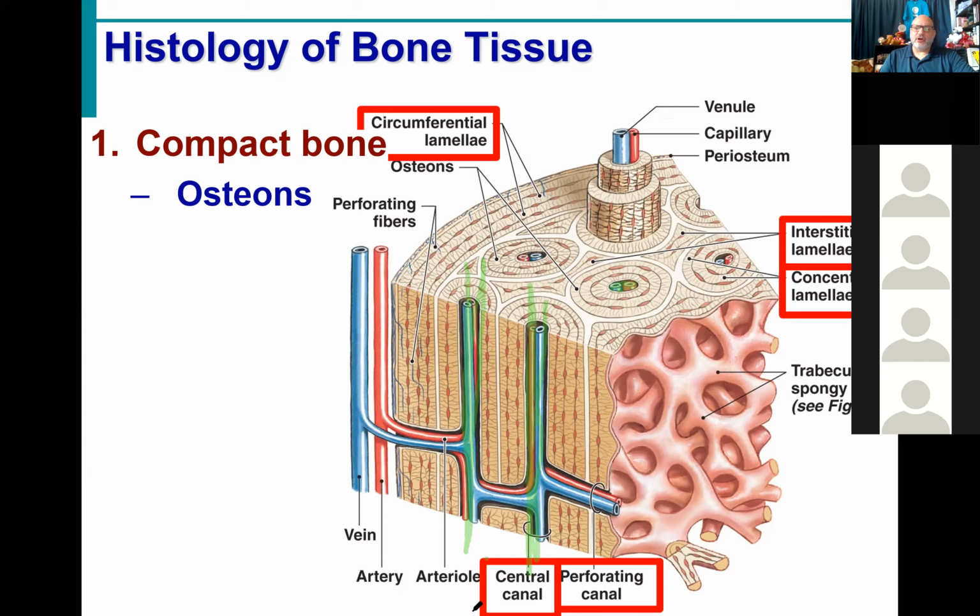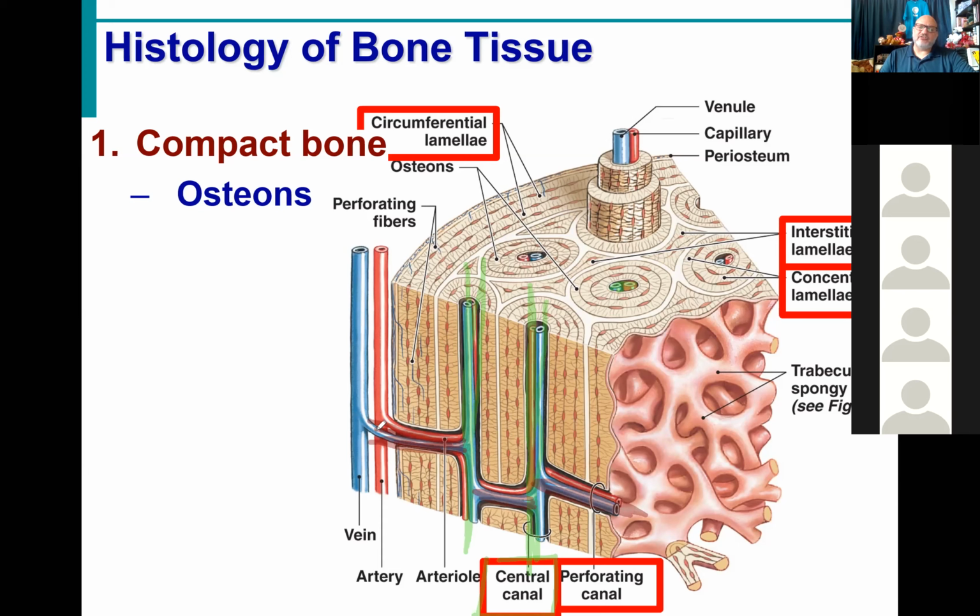However, if we're going to get blood into and out of these central canals, then we are going to need some spaces that will allow blood vessels to enter into the bone and move between the layers, between the osteons, to finally get to the center of the bone. And so these perpendicular spaces are what are known as the perforating canals.